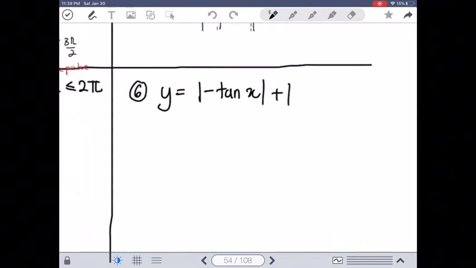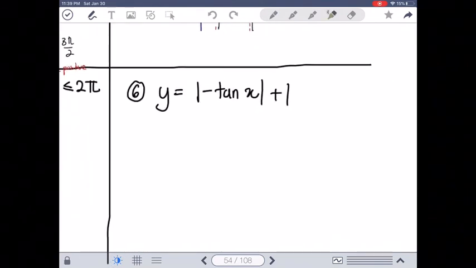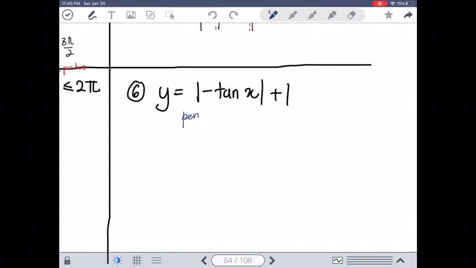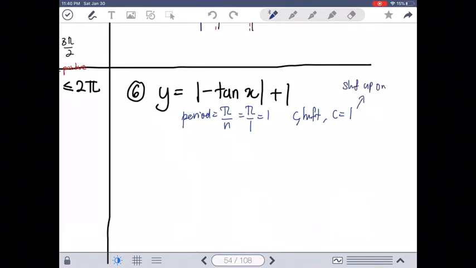Okay, for the last example. Again, amplitude doesn't matter, and we have period equals pi over n, which is pi over 1, which is just pi, and we have shift c equals 1, so shift up 1 unit.